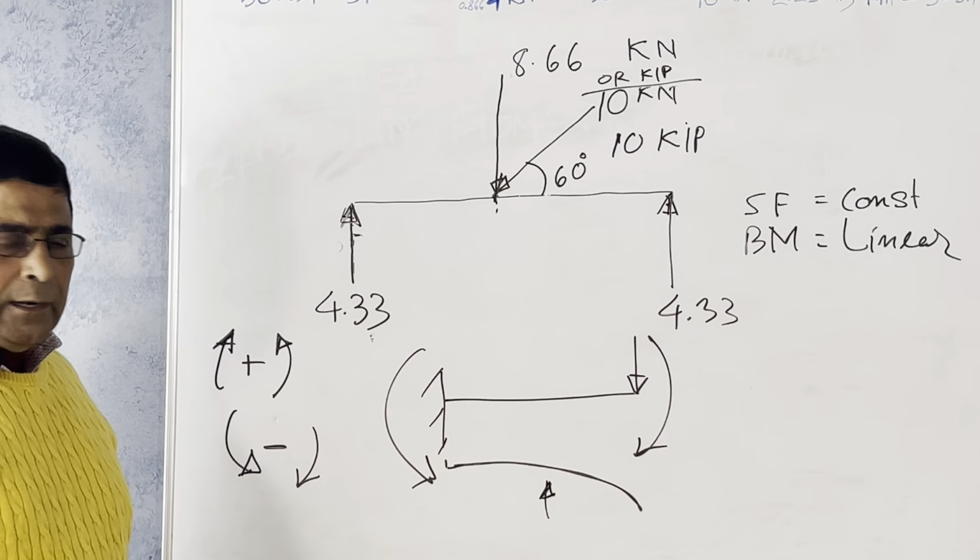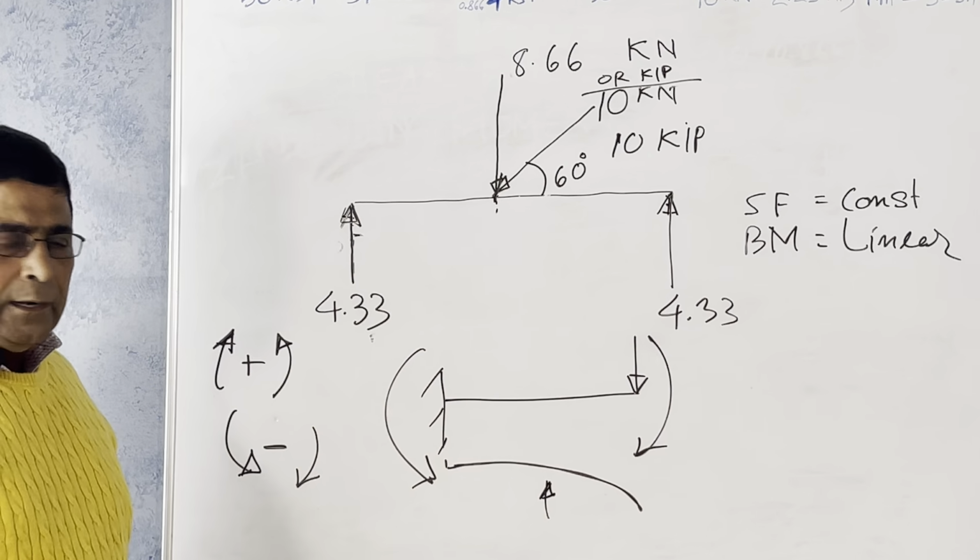So it is negative. And when it bends like that from moment, it is positive. You always remember. Here you have support like this. Our moment, whatever the case, is always positive because it is deflecting like this.